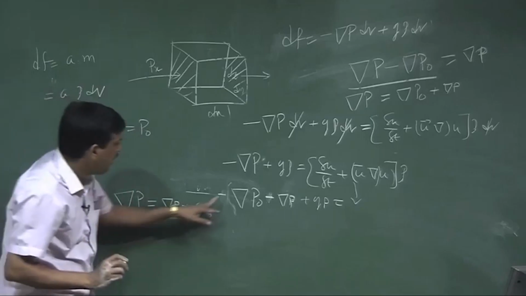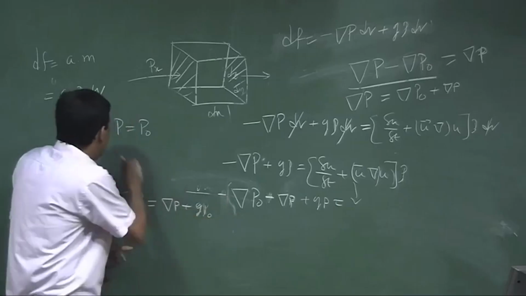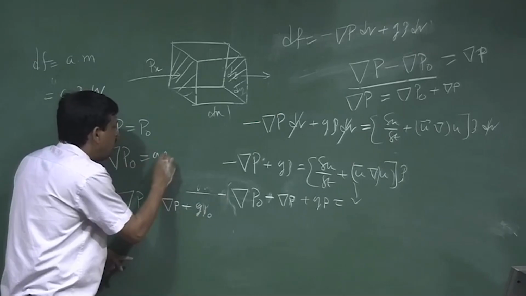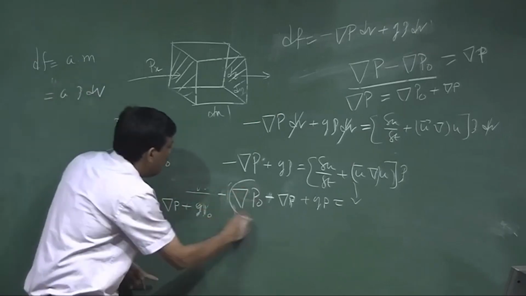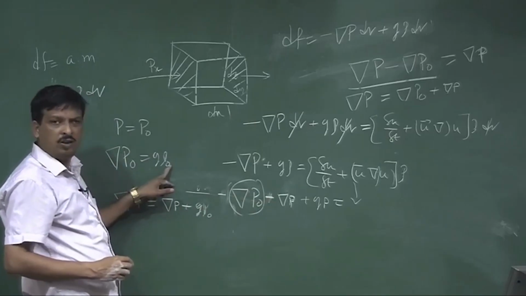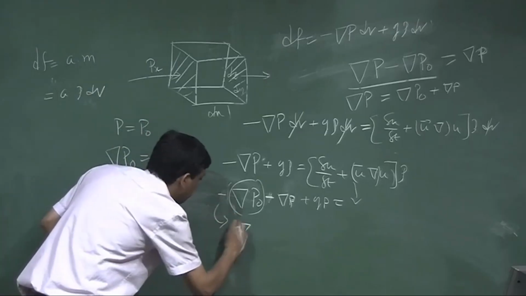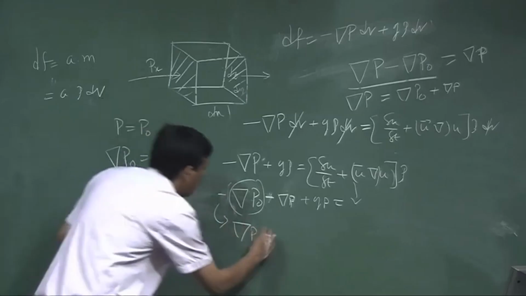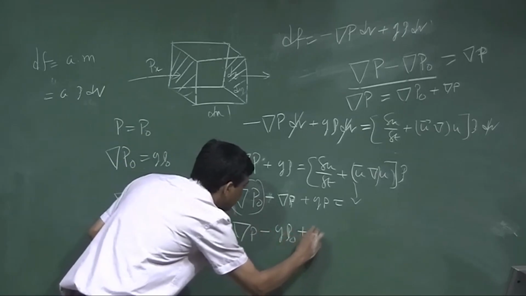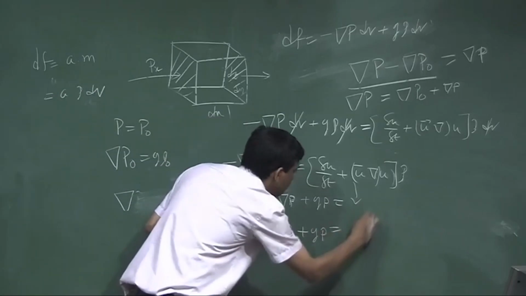Okay. Now, I said that when there is no acoustic pressure, then ∇P0 is nothing but Gρ0. So, ∇P0 is nothing but minus Gρ0. So, this equation is nothing but the acoustic pressure small p plus minus Gρ0 plus Gρ, is equal to the same thing.